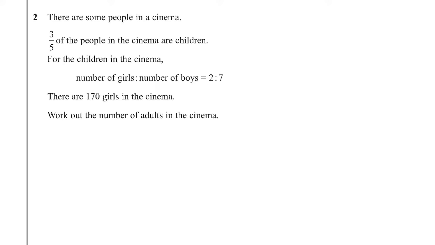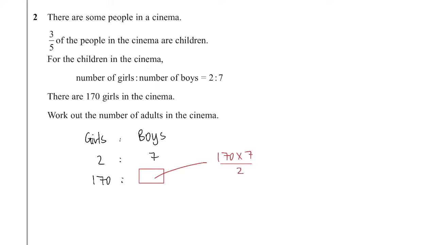So we could start off by saying if we have 170 girls, so girls to boys is 2 to 7. So if we've got 170 girls, we can easily find that the number of boys is simply going to be 170 times 7 over 2.